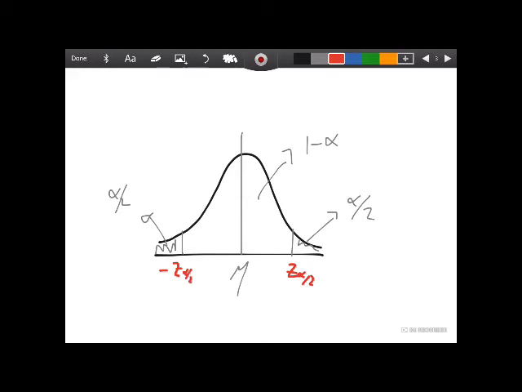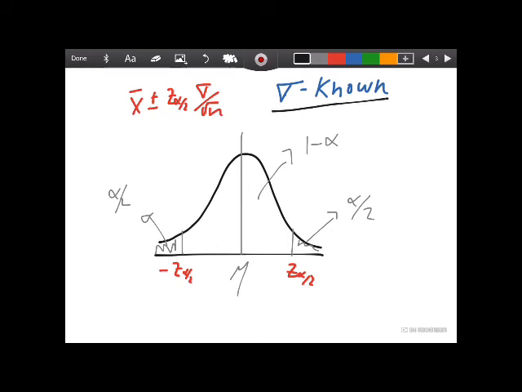And because of that, we know then that the interval estimation of mu would be x bar plus or minus the z alpha halves times the standard deviation of x bar, which is sigma over square root of n. This is a very special case. This is the case when sigma is known. So this is good, sigma known.